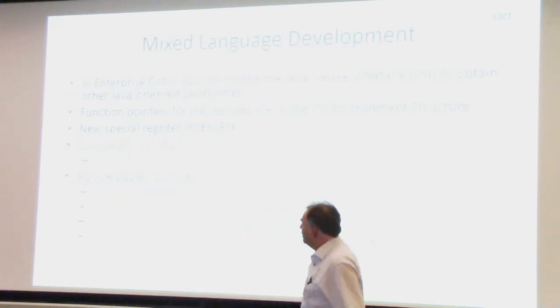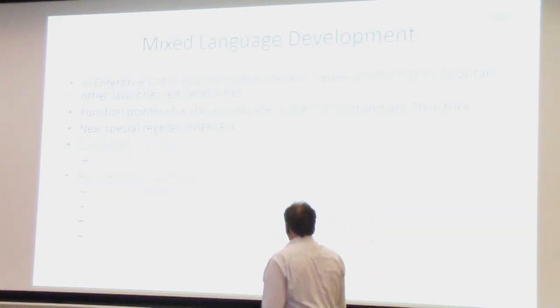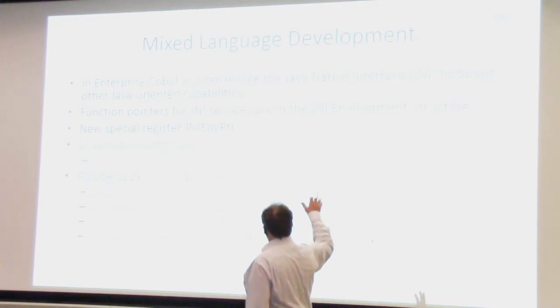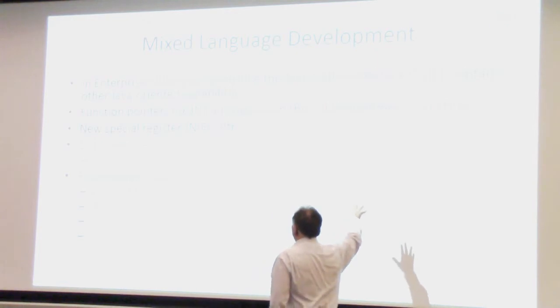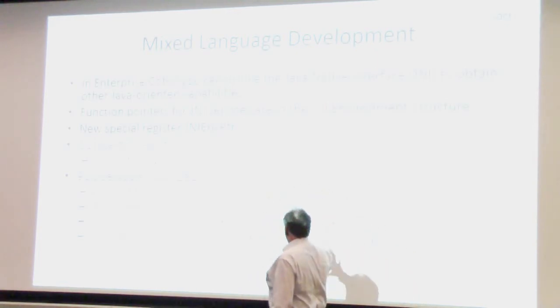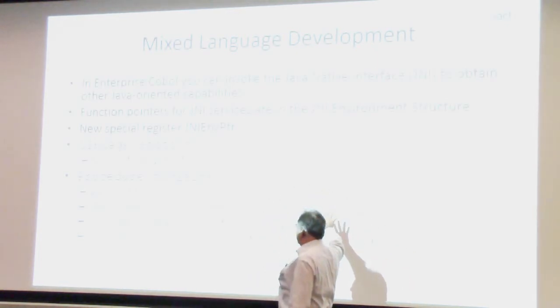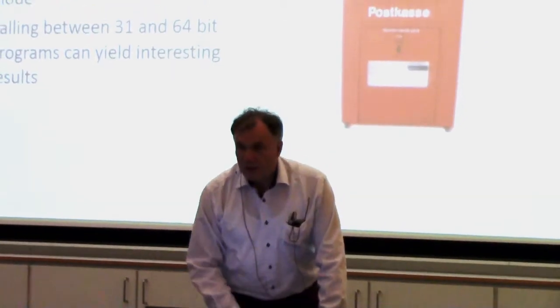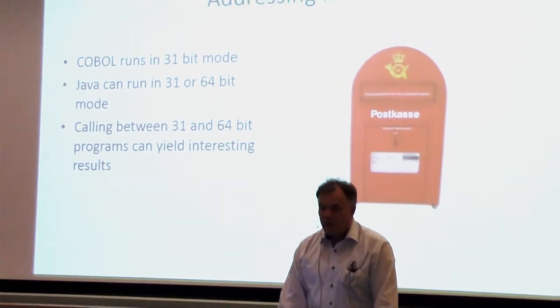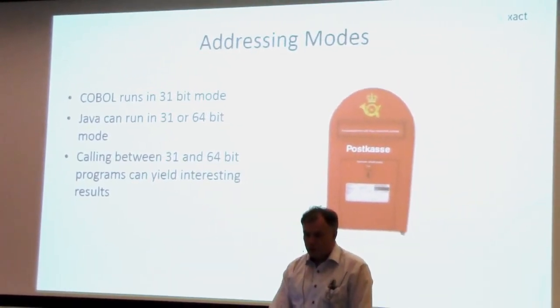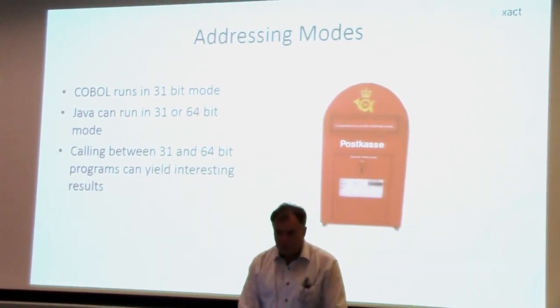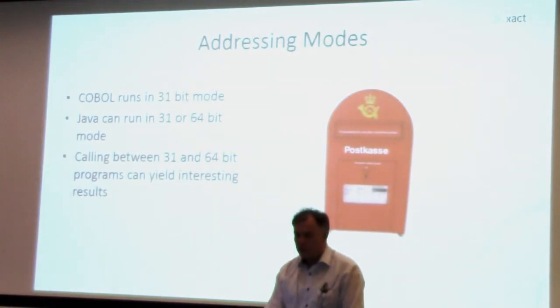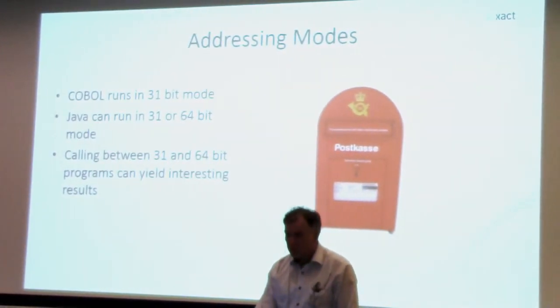So, when we are going into mixed language development, there are features, as I said, in Enterprise COBOL. We looked at the program earlier, which looks something like that when you call it from COBOL. One thing you should be aware of is addressing modes, because COBOL runs in 31-bit mode, and Java can run in 31 or 64-bit mode.